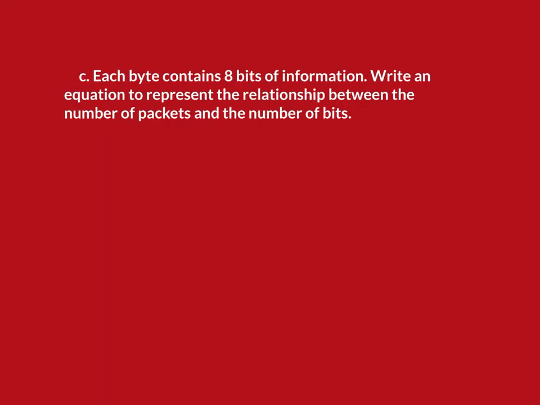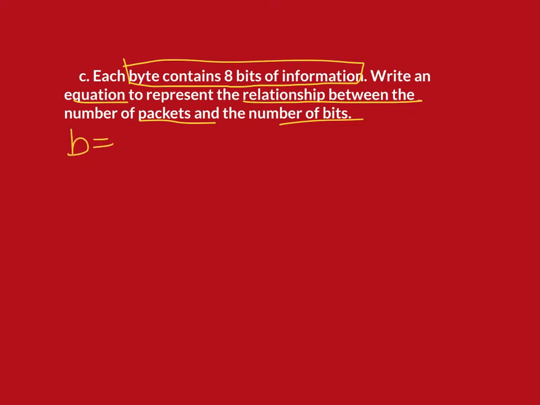And the very question, they say each byte contains 8 bits of information. And we're being told to write a new equation to represent the relationship between packets and bits. So the original equation that they gave us, we don't want to forget, is that B is equal to 1500p.